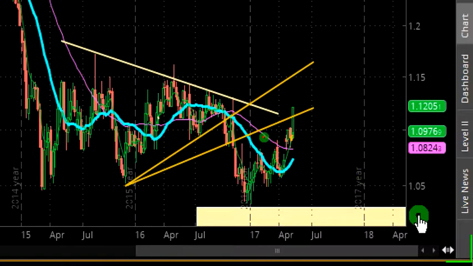So once we broke this trend line here, this first trend line in yellow, I was looking for that to retest and then go lower, but once that got broken, that thesis is no longer valid, and we confirmed that by looking at the dollar.